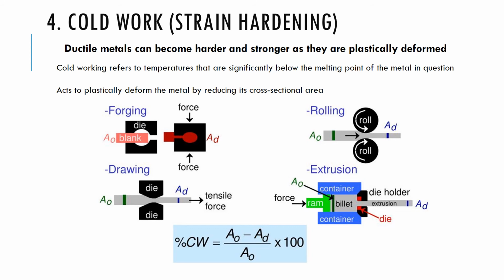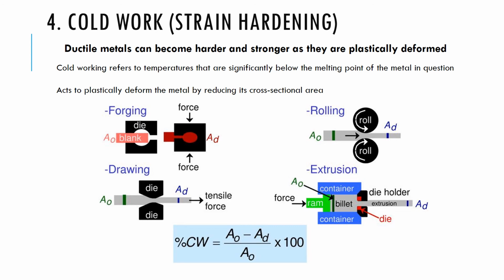Well, this is the concept that ductile metals can become harder and stronger as they are plastically deformed. So what we're doing with strain hardening, or cold work as it's called, is plastically deforming the material to make it harder and stronger.